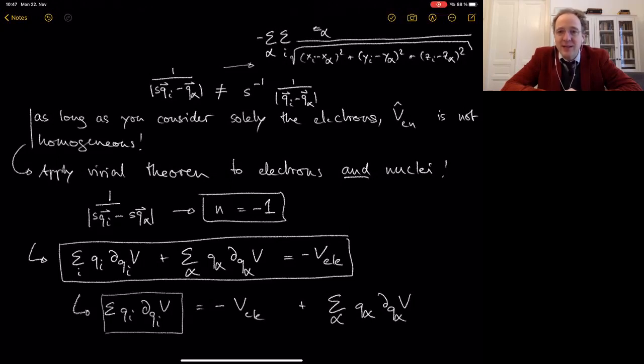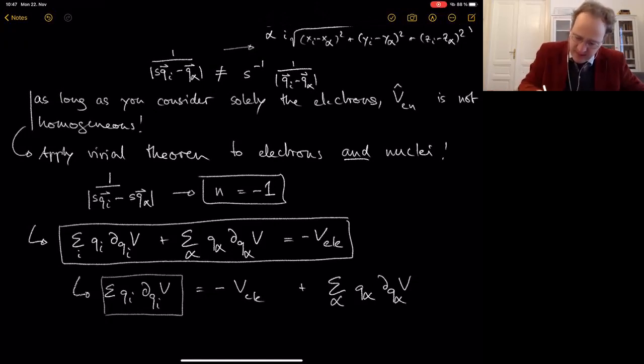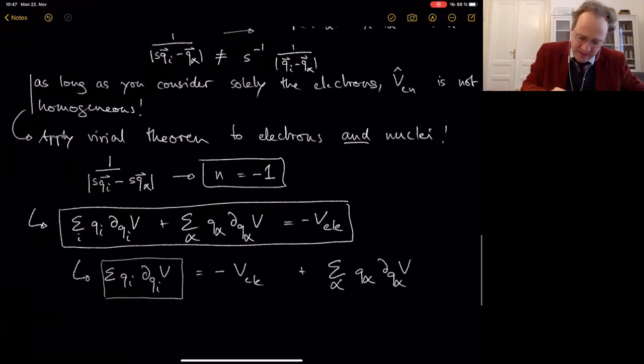Because strictly speaking, that's not part of the electronic problem, because of the following. Let's write this out. The whole thing here has to be equal to 2T, right?